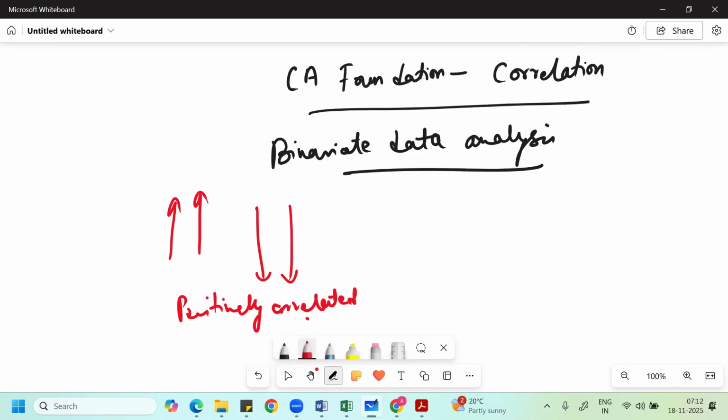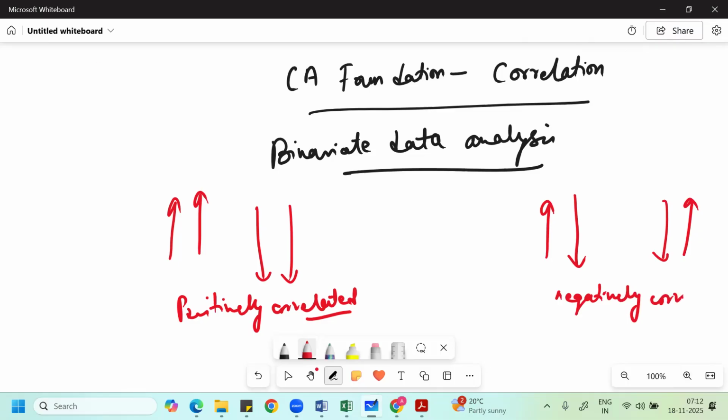The movement of one variable is not affecting the movement of another variable. They are independent variables, and if both are going up or going down together, then they are positively correlated. While if one variable is going up and the other is going down, or one is going down and the other is going up, then they are negatively correlated.